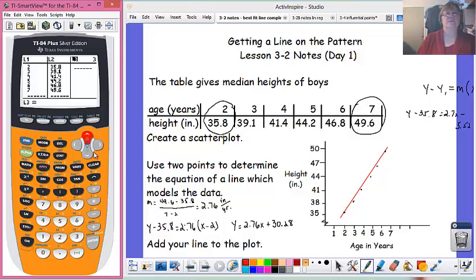In my third list, I'm going to create a list of predicted y values. That is, I'm going to put my equation up there, 2.76 times x. Here are my x's. So list 1 plus 30.28 inches.